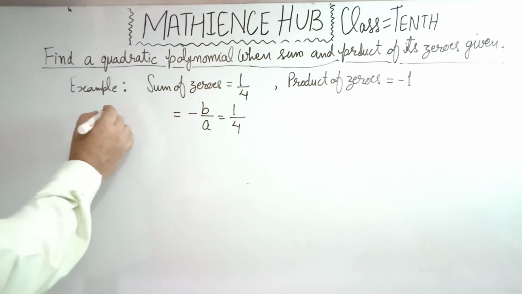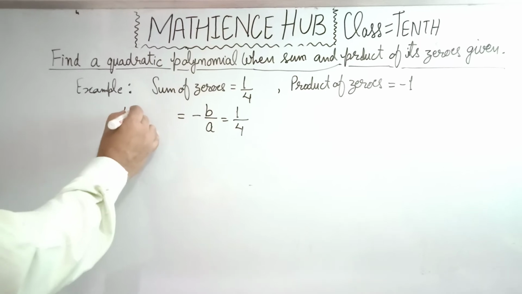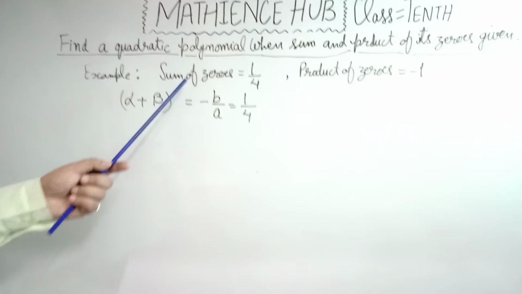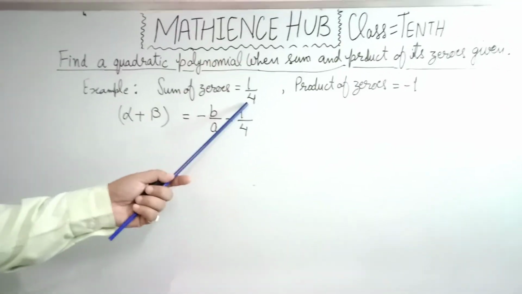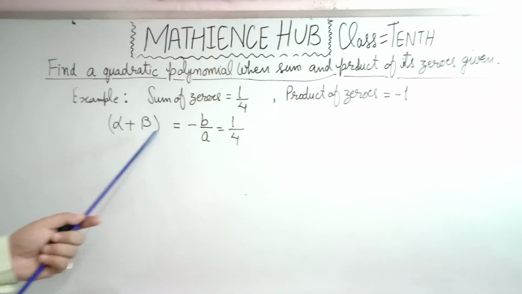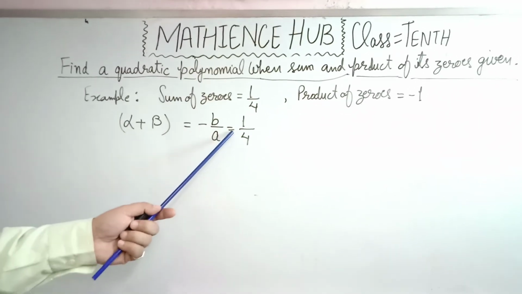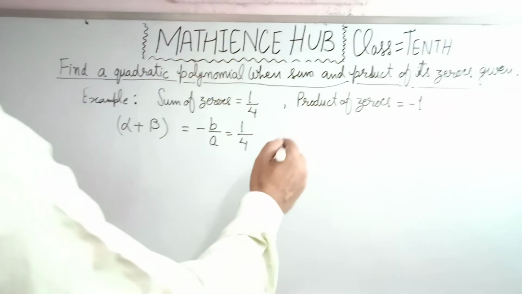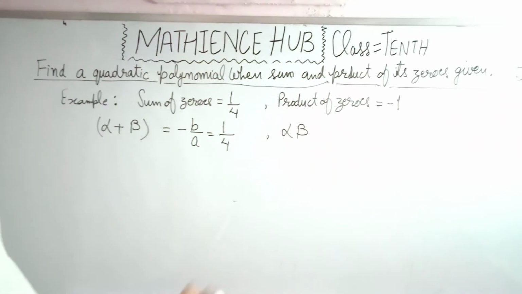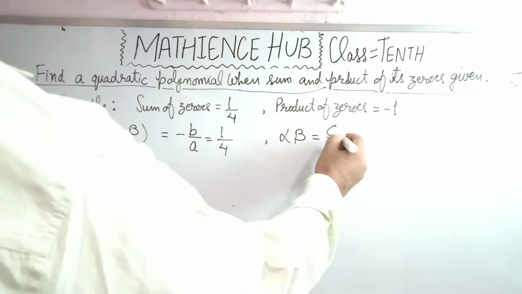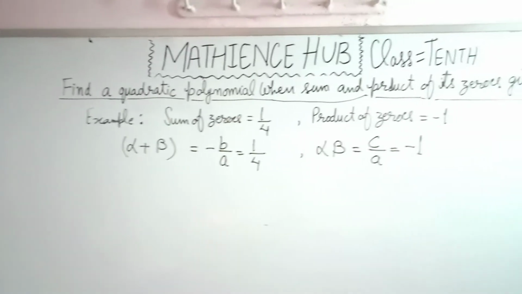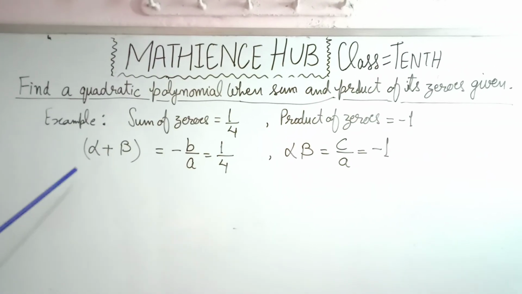The first zero is alpha and the second zero is beta. Then alpha plus beta equals minus b upon a equals 1 upon 4. And the product of zeros means alpha multiplied by beta. The formula is c upon a, given as minus 1. Then how do we find a quadratic polynomial?